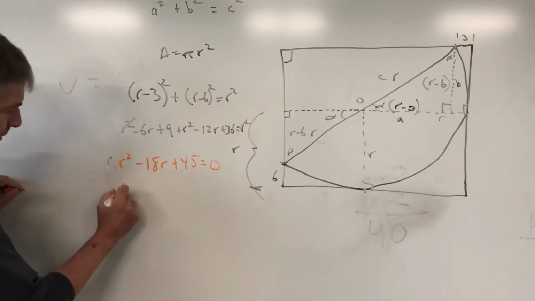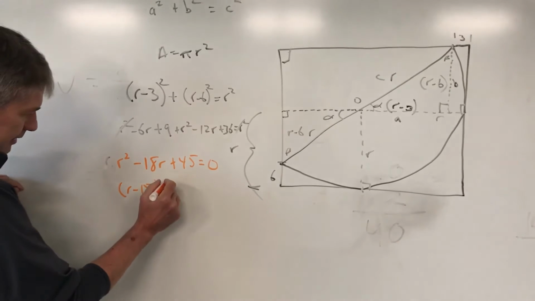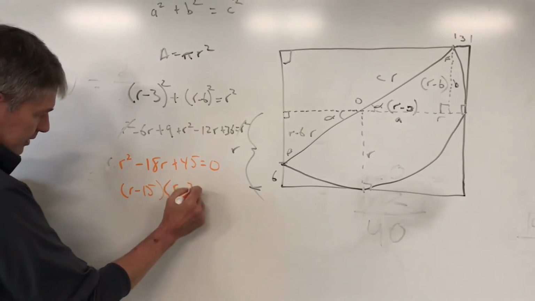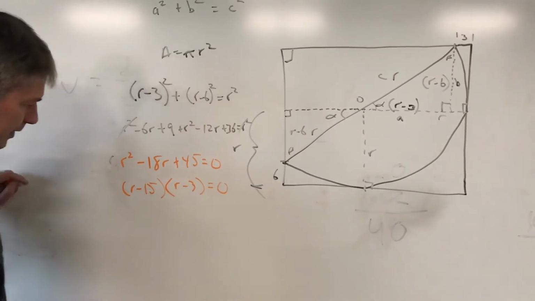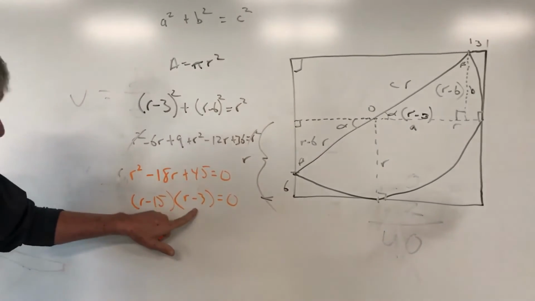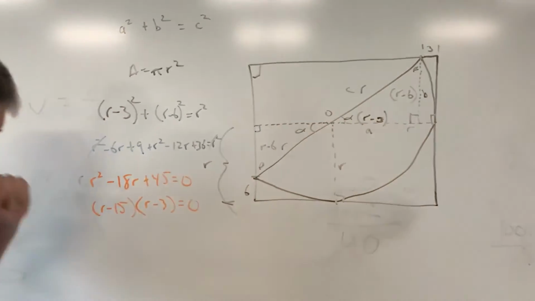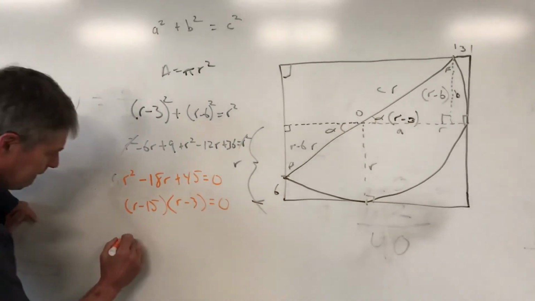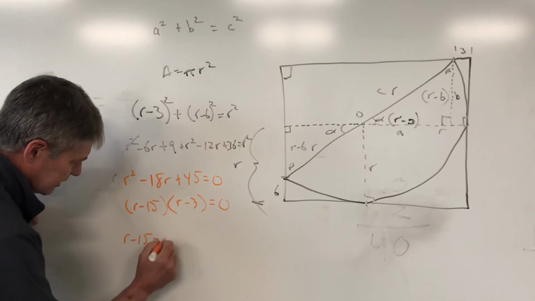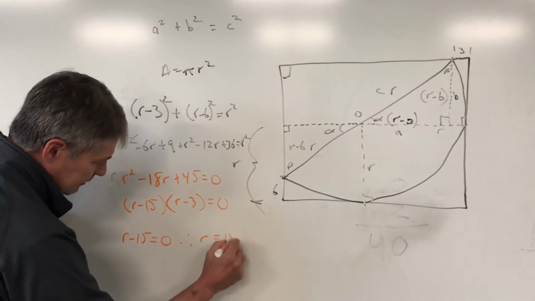I need 18, so it'll be R minus 15 times R minus 3 is equal to 0. I can set both of these factors equal to 0. It can't be 3 because this would be a negative number. This would be 0. So r minus 15 is equal to 0. Therefore, radius is equal to 15.